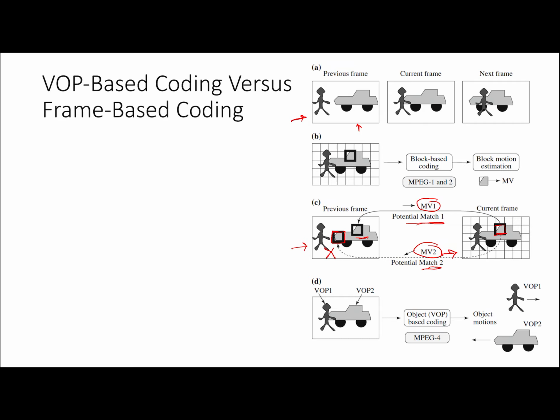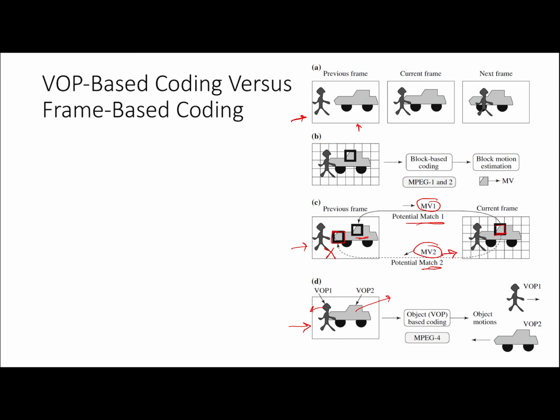Suppose this potential match 2 yields a slightly smaller prediction error than potential match 1. In that case, motion vector 2 will be chosen as the motion vector for the macro block in the block based coding approach.